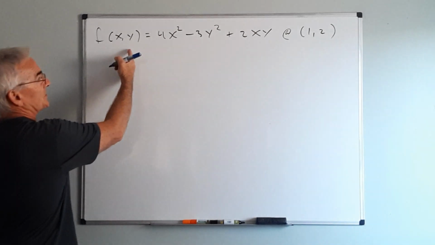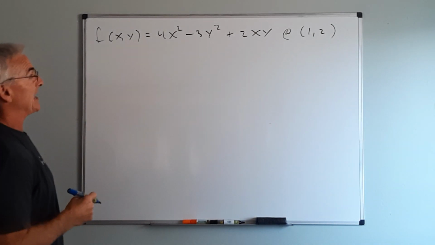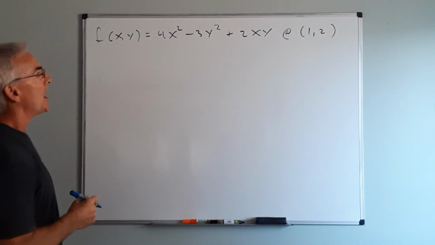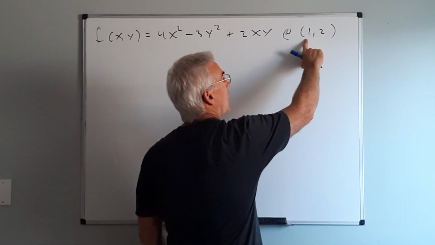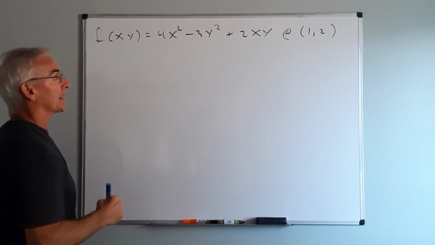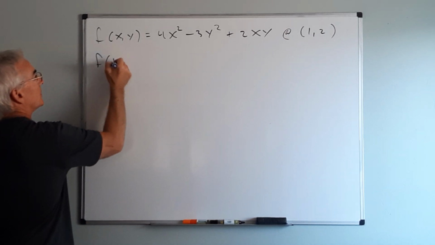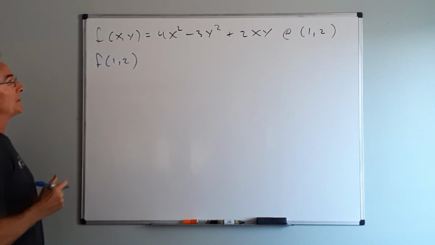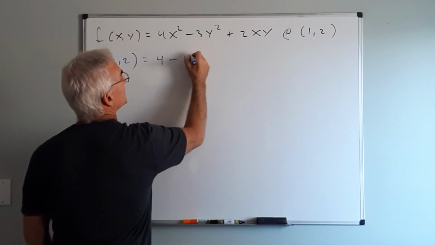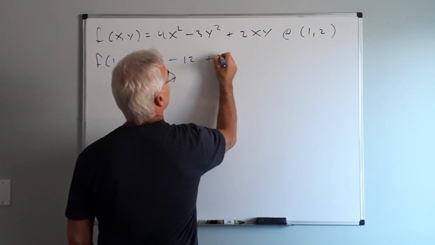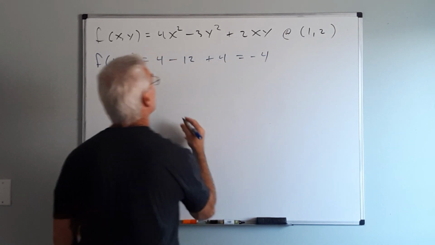Now let's consider this simple 3-dimensional function. I don't actually know what it looks like in 3 dimensions, but I would like the level curve that passes through 1, 2 on the xy plane, meaning I just simply need to evaluate this at 1, 2. And if I do that, I'll get 4 minus 12 plus 4, that's negative 4.